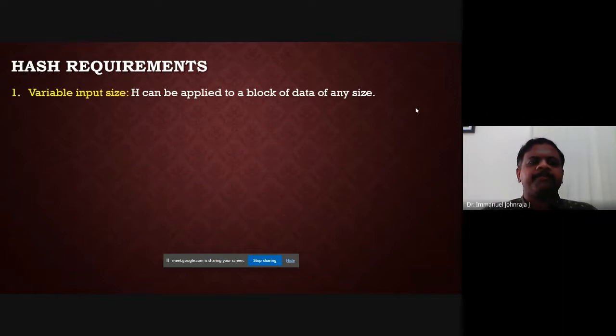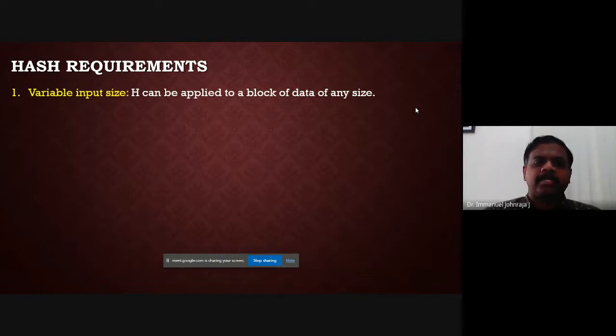See, the first one is that any hash algorithm which you are going to learn or deploy should be able to take an input of any size. It could be 512 bits, or 1024 bits, or 442 bits, and so on. So a random-sized input can be subjected to a hash algorithm.